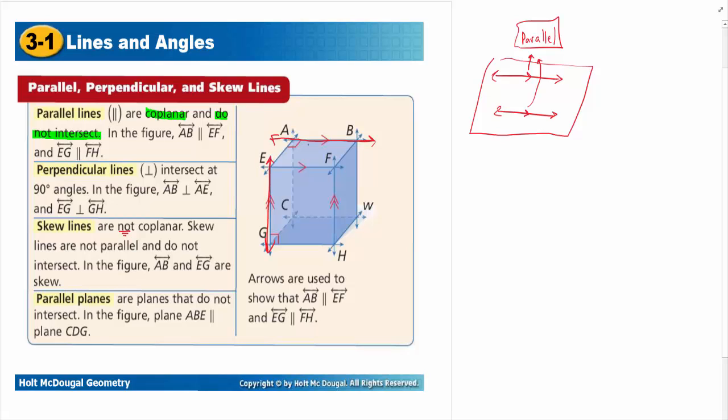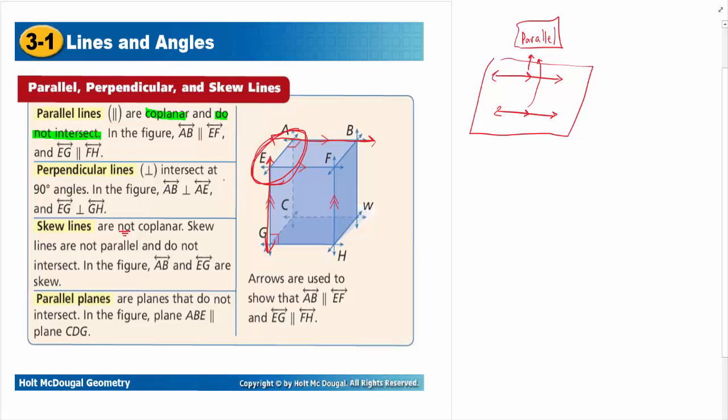Okay, and the AB is going left and right, but they're never going to touch. If they're going to touch, it would happen right in here where EG crossed that top plane. But they're not touching, so they're not going to ever touch, which means they're either parallel or skew. Well, because they're on different planes, they're not coplanar, then they're skew.